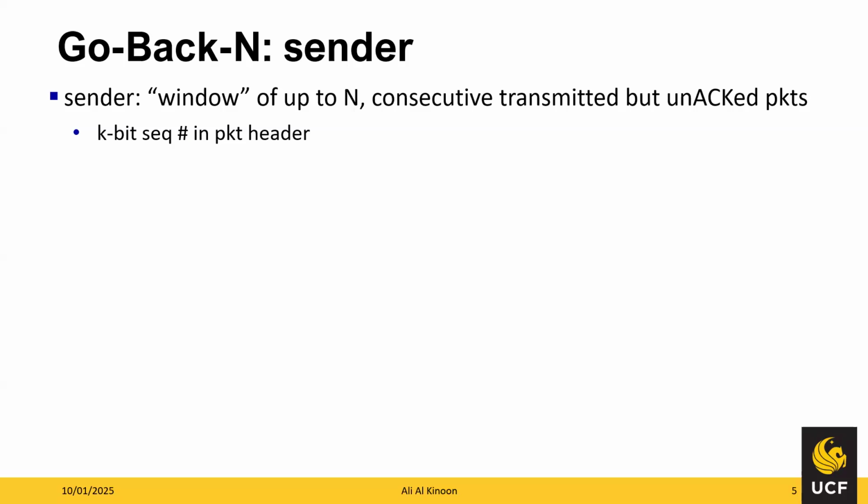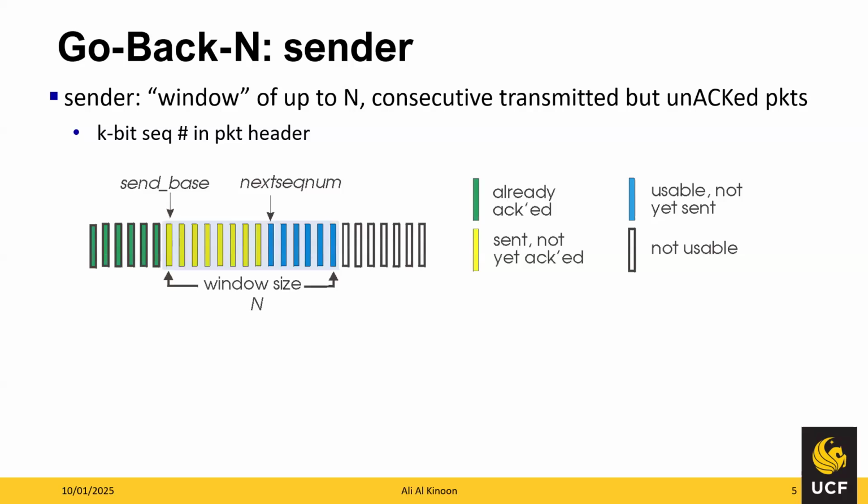And we said that with Go-Back-N, the sender has a window size N, and each packet carries a sequence number, as we discussed. In this diagram, we have various colors, or various segments, in this window, such that the already acknowledged are the greens.